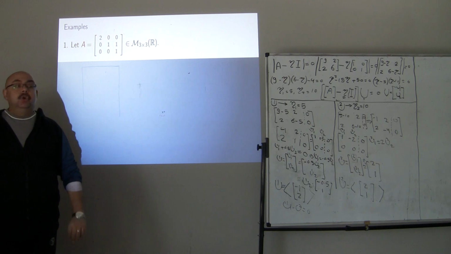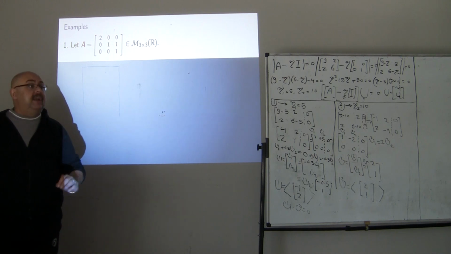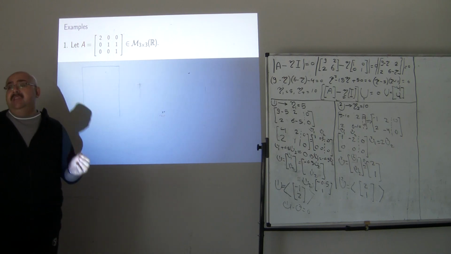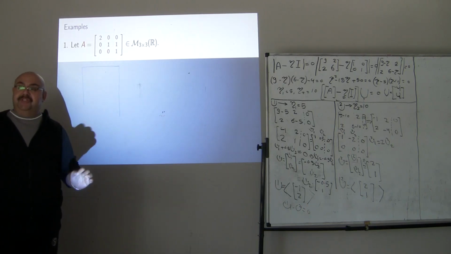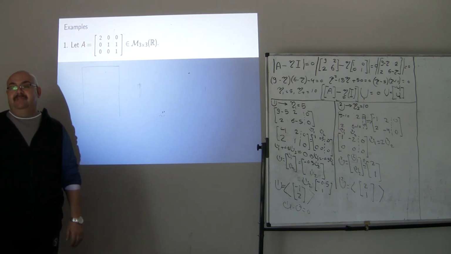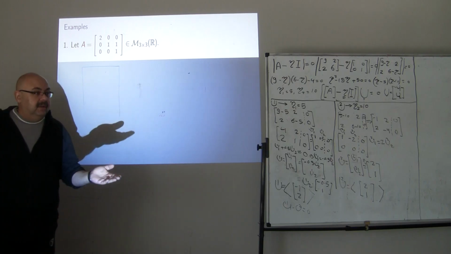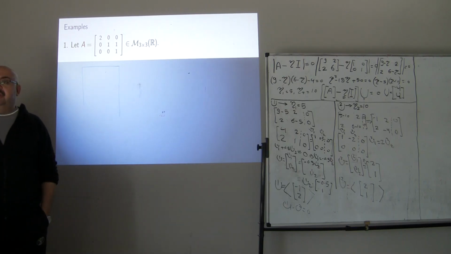Solving it in equation form is not going to be easy. But this matrix in specific is easier for evaluating the eigenvalues. Why? Can anyone answer me? Why? It's a triangular matrix.